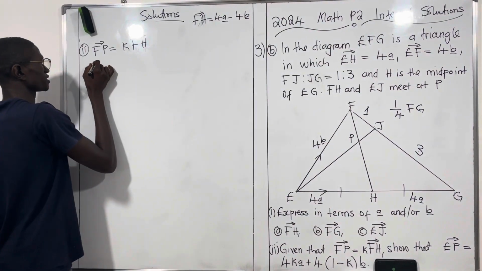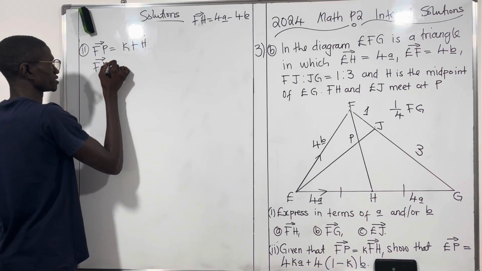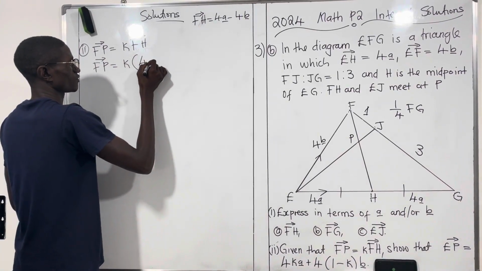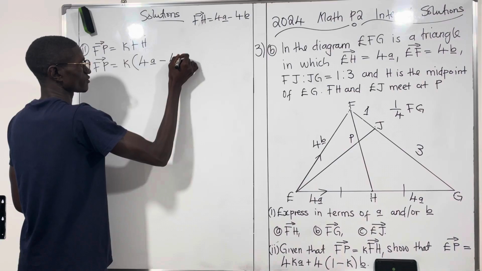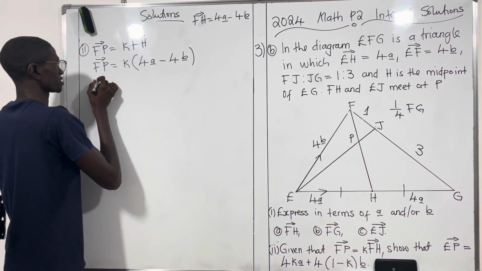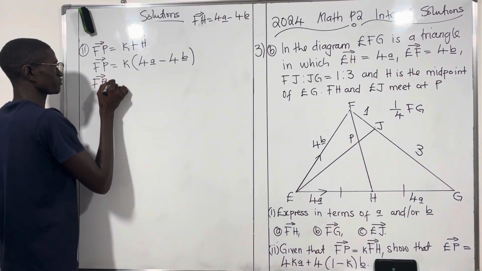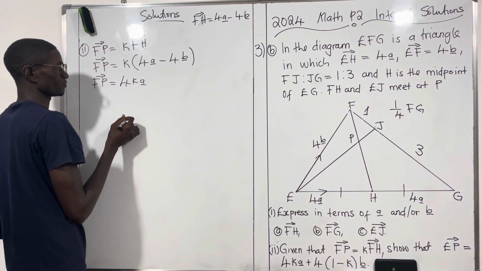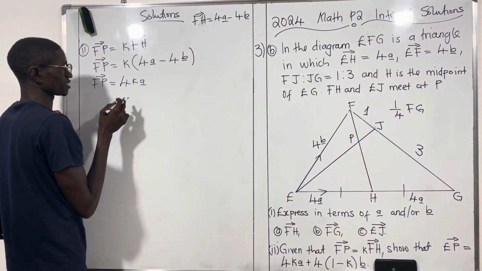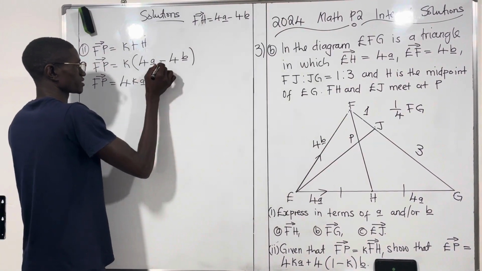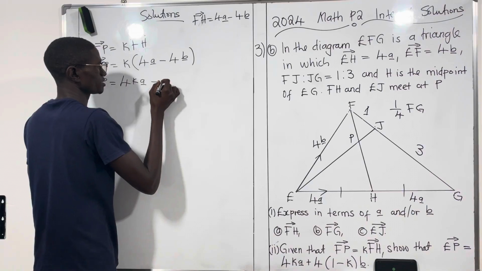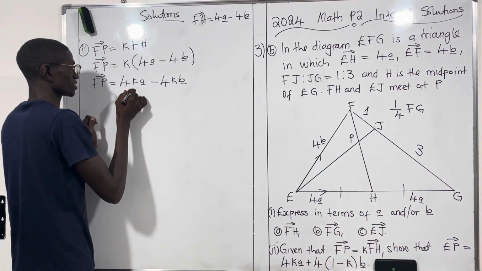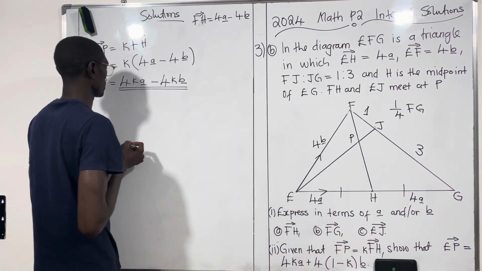Where there is FH, we plug in the values for vector FH, meaning it's going to be K, and then in brackets, 4 vector A minus 4 vector B, and then we can expand with a K. So vector FP is going to be 4K vector A. The vector comes at the end, the coefficient comes at the front. Positive times negative is negative. K times 4 vector B is going to be 4K vector B. So now this is vector FP.